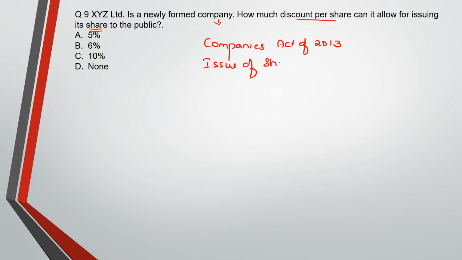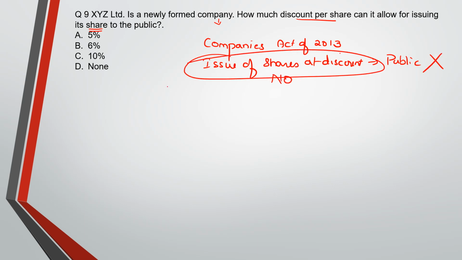Issue of shares at discount is not allowed. It's a big no. It cannot be done. Shares can be issued either at par or at premium, not at discount.